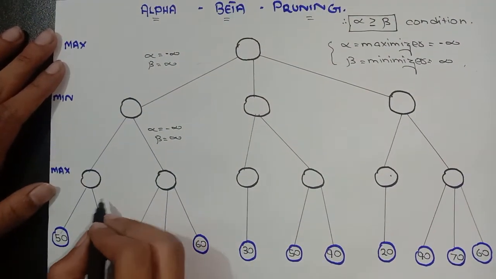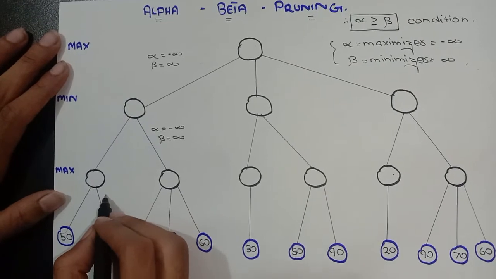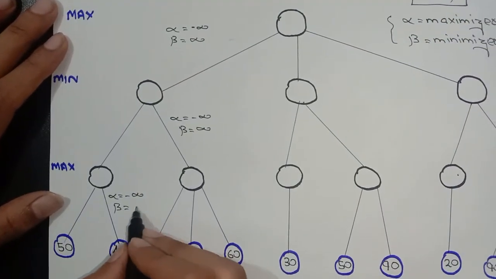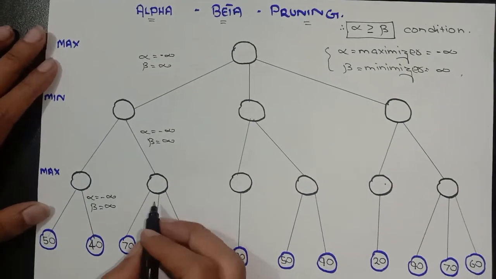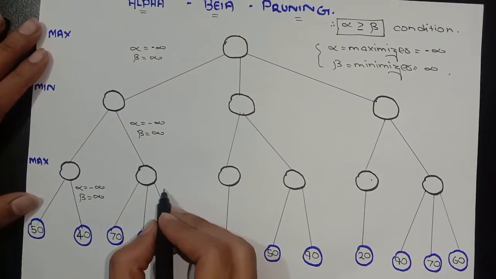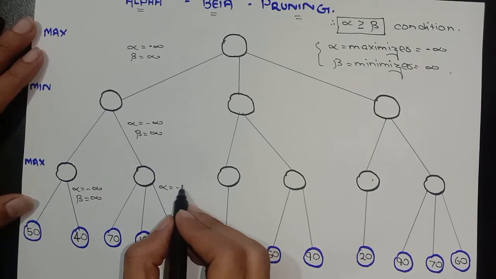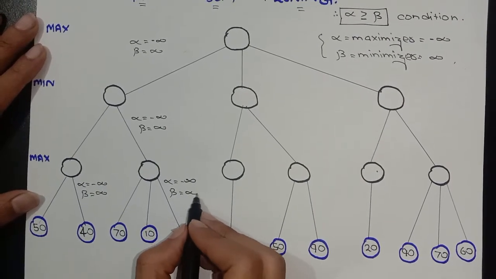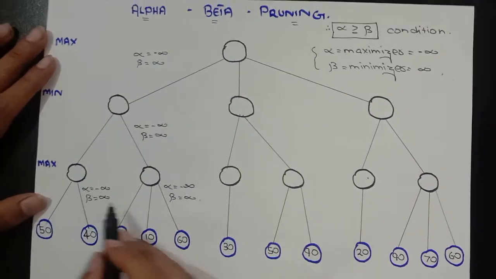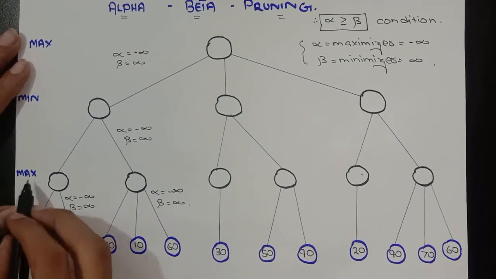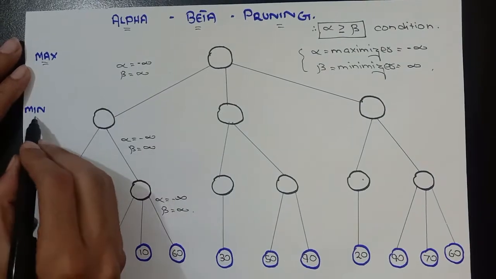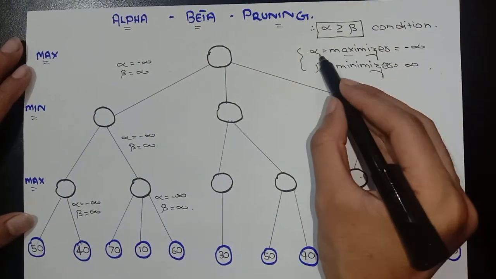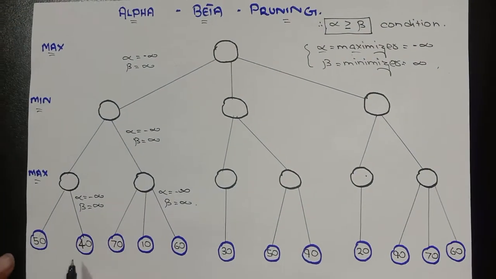The last level is maximum, so here also alpha is minus infinity, beta is infinity. Another leaf node, I write the same, alpha minus infinity, beta infinity. I told you the maximum and minimum levels, and the same sequence will continue if I have more levels.